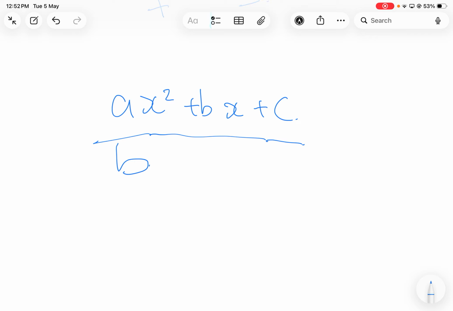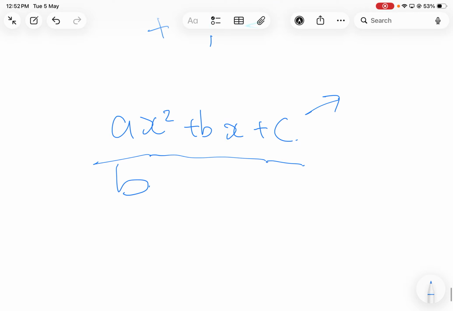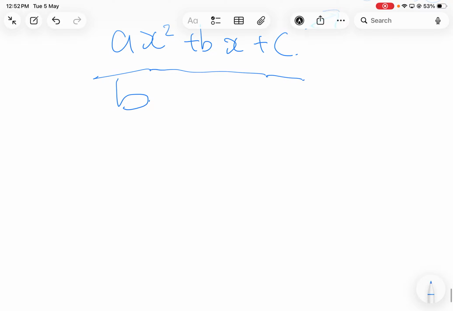We cannot cancel B, right? We can only cancel, what was the word that we just used? So if I want to try to cancel anything, I must try to factorize. Make them into something times something.